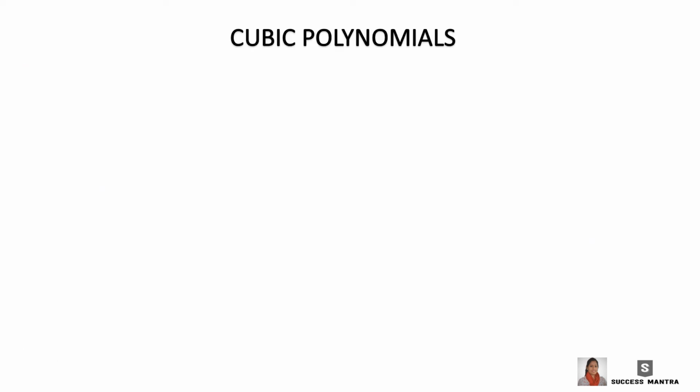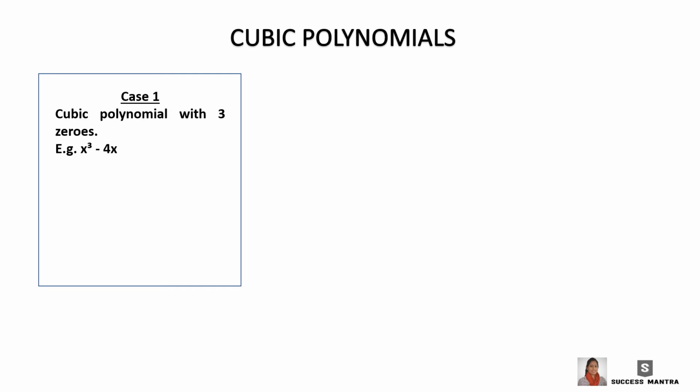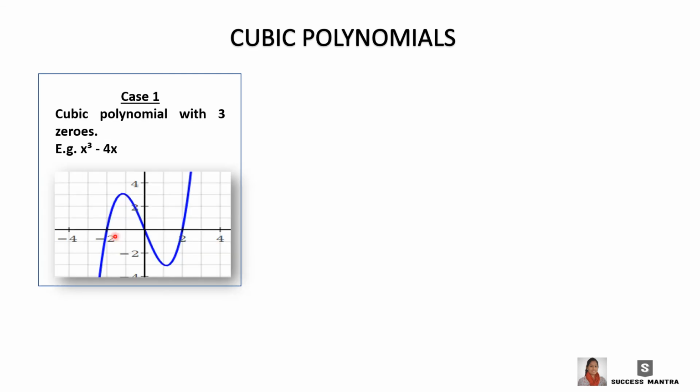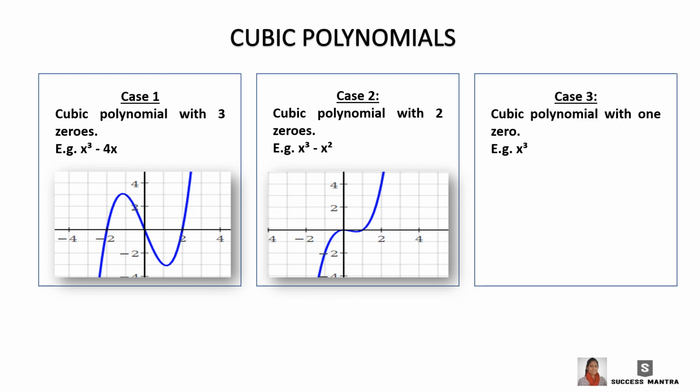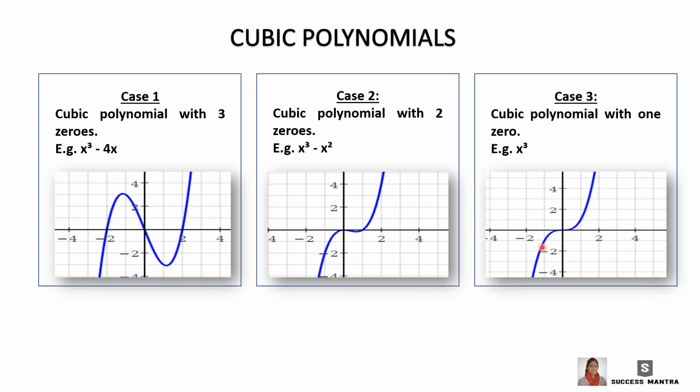Now we will check the case with a cubic polynomial. In case 1, we can see that the graph crosses the x-axis at 3 points. So this cubic polynomial has 3 zeros. Now case 2, in this case the graph crosses the x-axis at 2 points. So it has 2 zeros. Now case 3, in this case the graph crosses the x-axis only at 1 point.